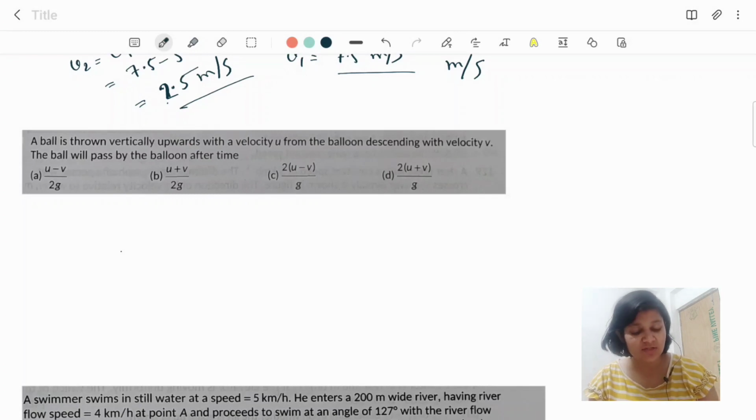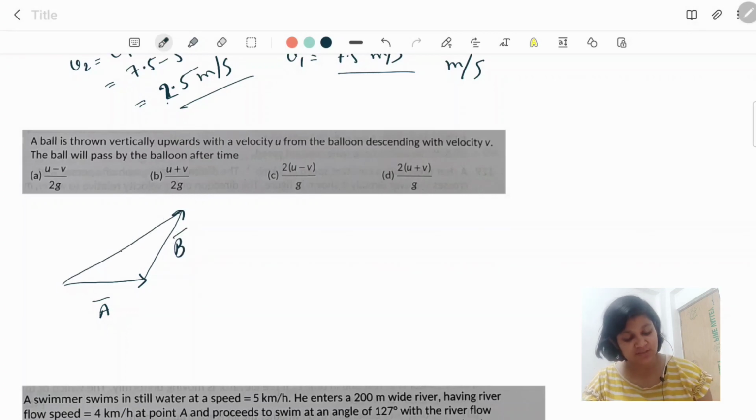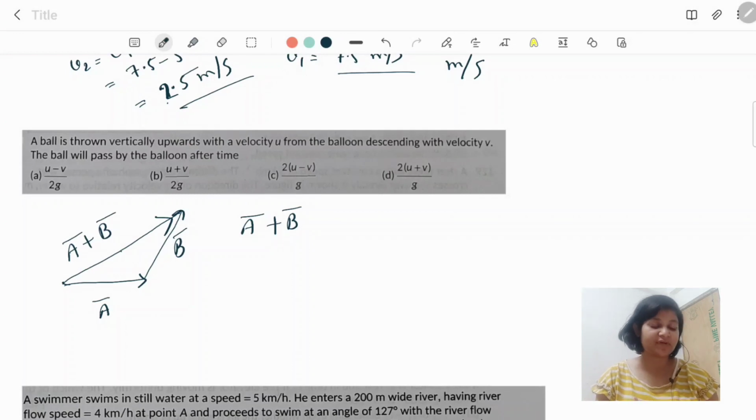One is the triangular law, which says that suppose this is a vector A and this is a vector B along this direction, then the resultant of the two vectors, or A plus B, will be along this direction. This is the triangular law of addition of vectors.